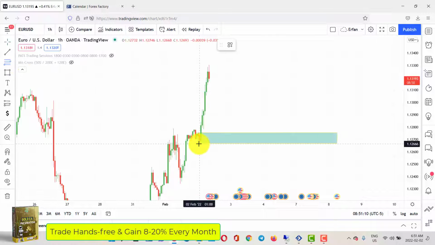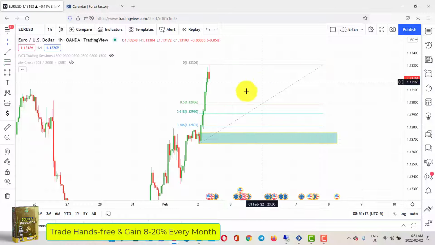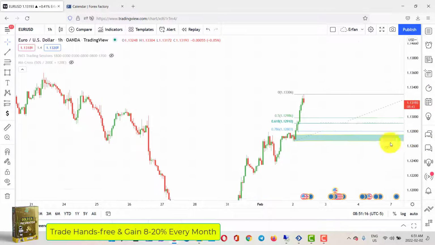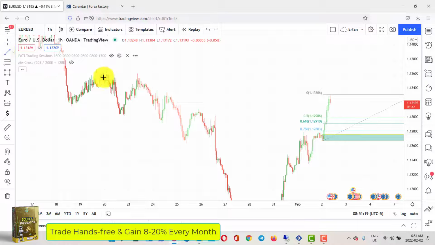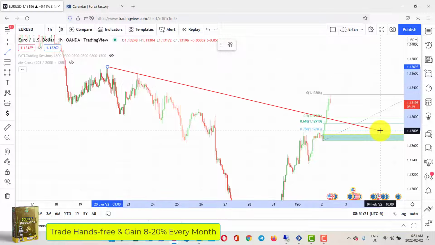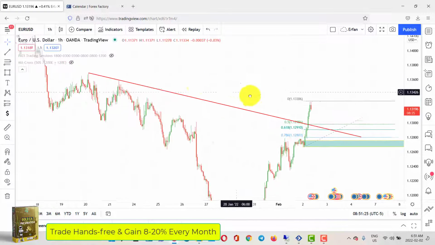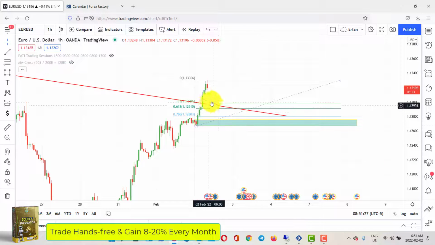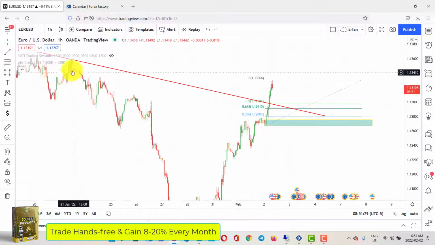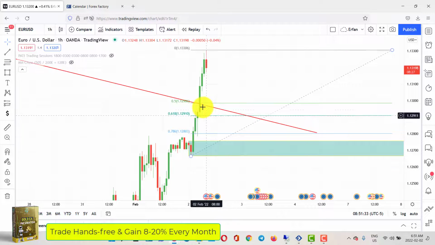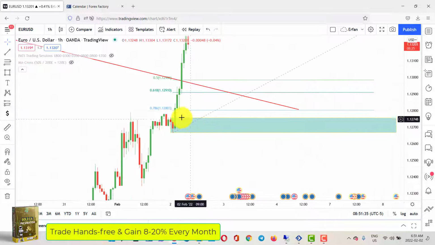So if I use my Fibonacci from here to here, you see our golden zone is here, our order block is here. So I don't know where it's going to go in order to touch that zone. And then we have our trend line here. So there are so many potential entries around here. First, because of this trend line, which I personally don't trade. Second, because of this Fibonacci level, which is our golden zone. Or the third thing would be this high probability order block here.